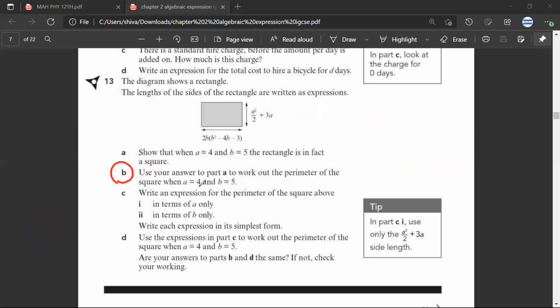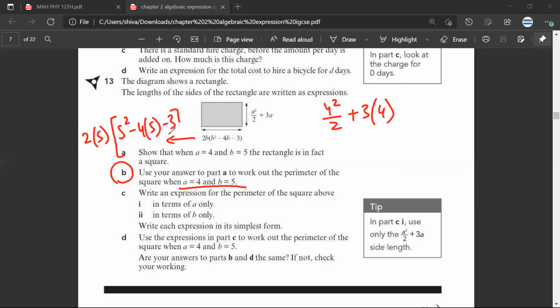Satya, how should I do this? So we have to first find out the value of it, and then we have to multiply it. What is the value that you get?